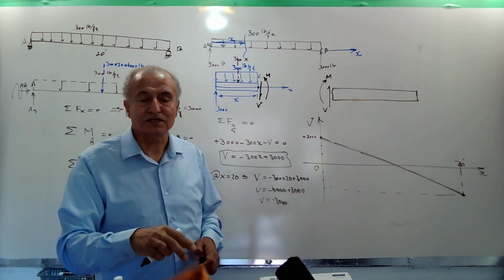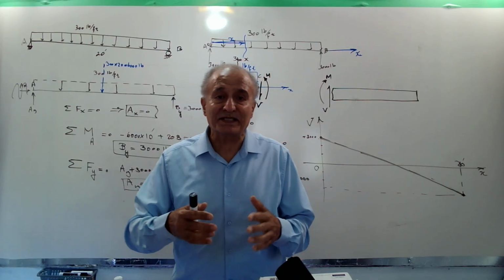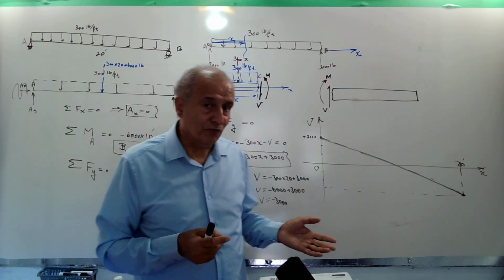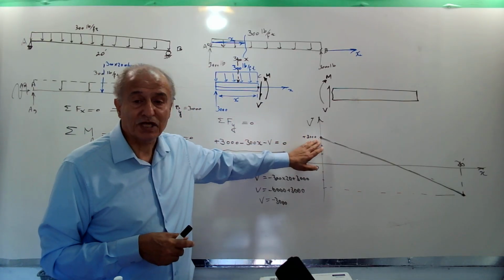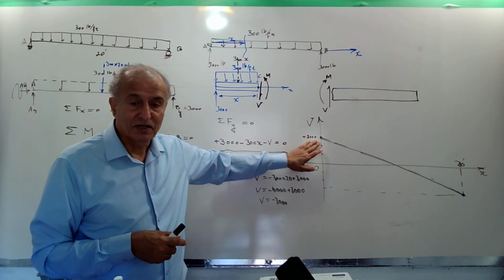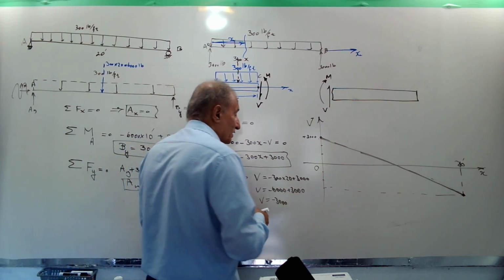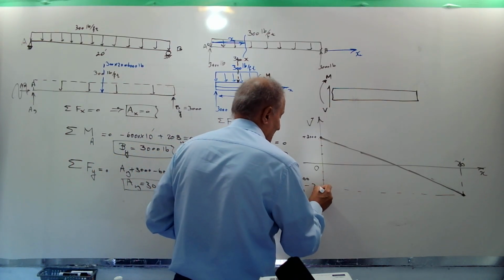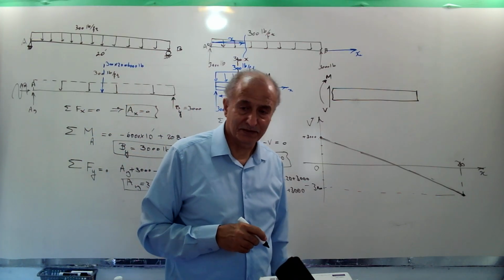In beam analysis, you will find in the other videos that we are looking for maximum V. And you know, for these types of loading, maximum shear force happens at the supports. Here is 3000, there is minus 3000, and it's a straight line.